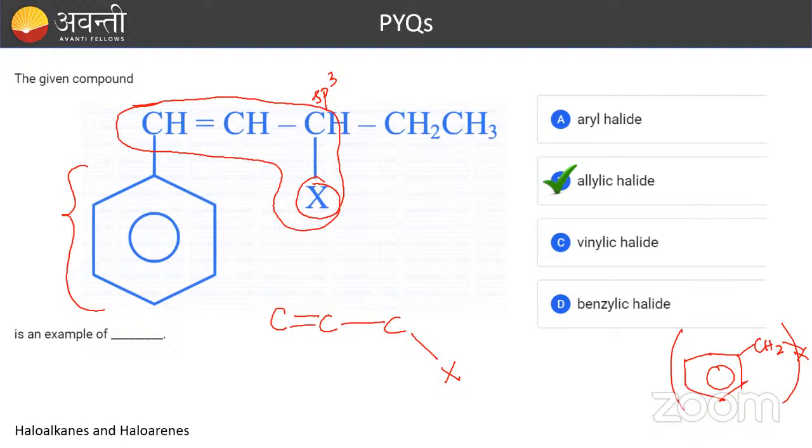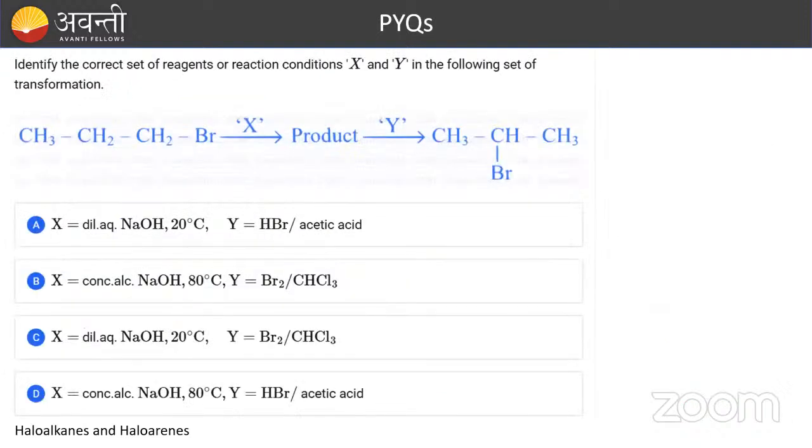So shall we go for the next question, students? Can you all understand this? Yes? Okay. The next question is, identify the correct reagents or reaction conditions X and Y in the following set of transformations.